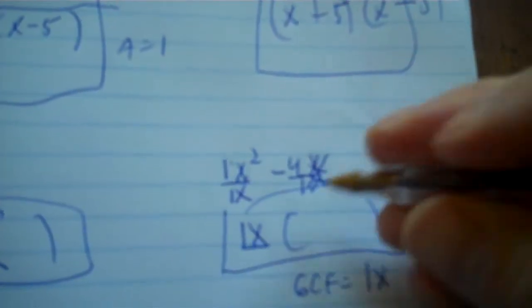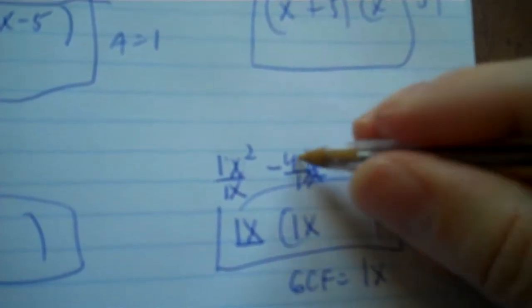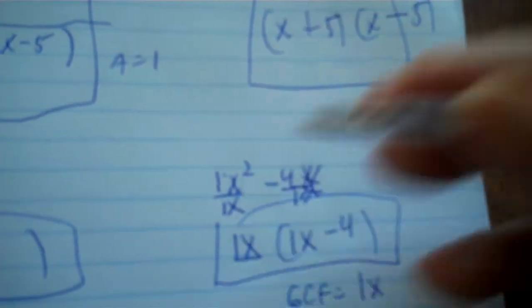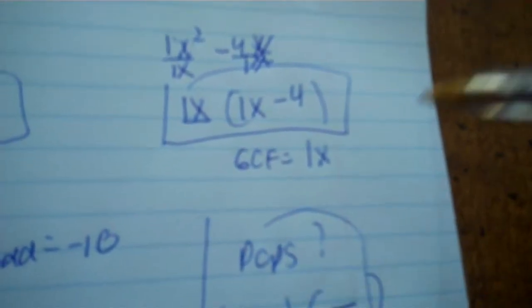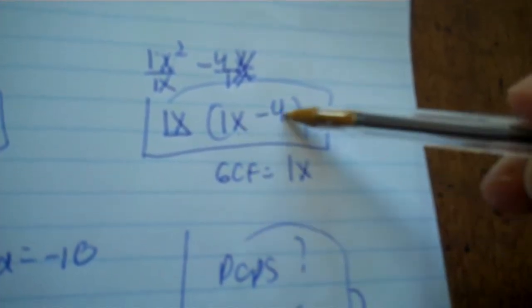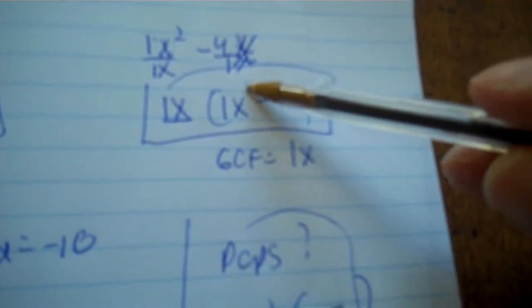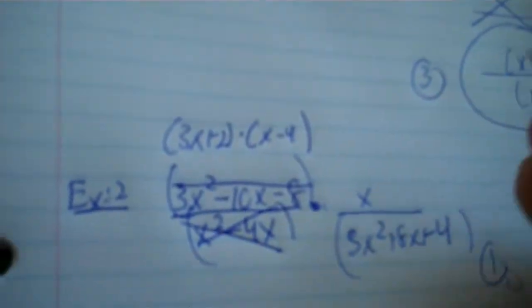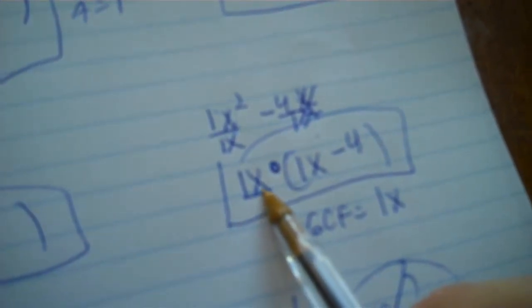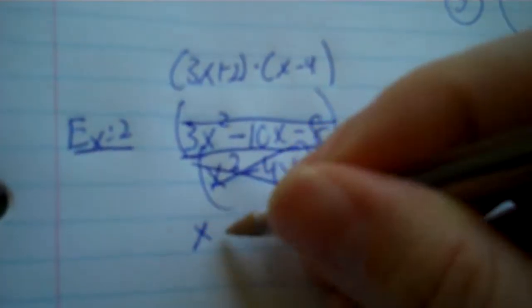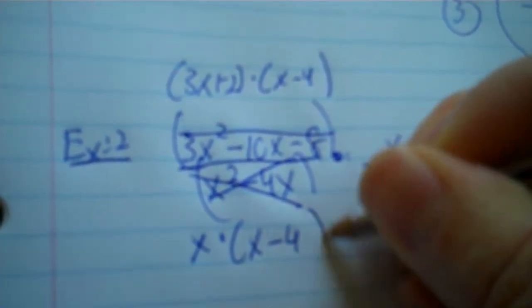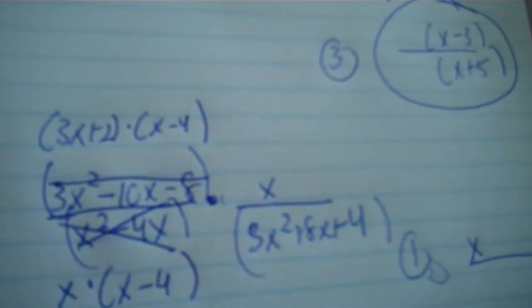That now becomes 1, but now it's just x minus 4. x squared divided by x means it's just x. Now it's not a DOPS right there, because our x no longer has that power of 2. But I do need to rewrite that as 1x times 1x minus 4. Or you could just drop the 1s, just write x times x minus 4.